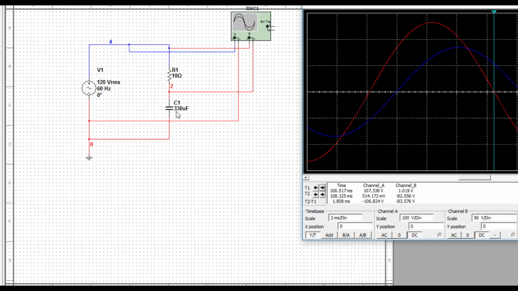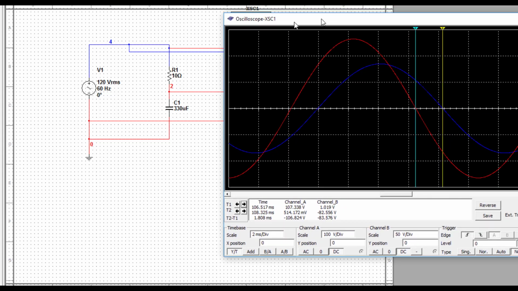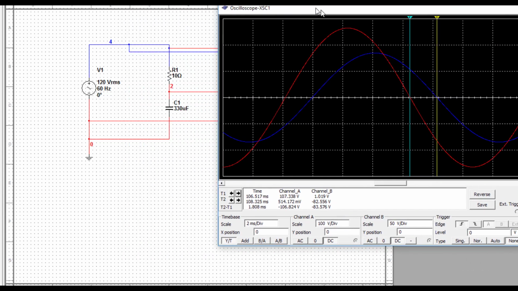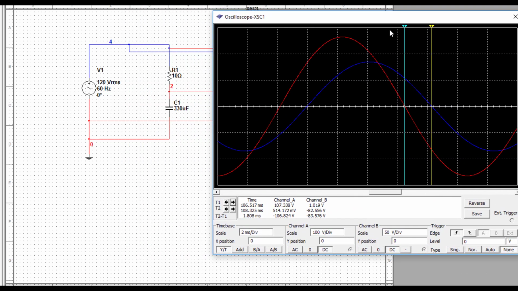So because of that, the voltage across it being measured by channel B here is representing the phase of the sinusoidal current flowing in this circuit. Now, when you look at the results on the oscilloscope here, notice how I've got the two time markers to compare the phase of the red sine wave to the blue sine wave. The blue is the voltage of the source, and the red is the voltage of the resistor, which we know is in phase with total current.